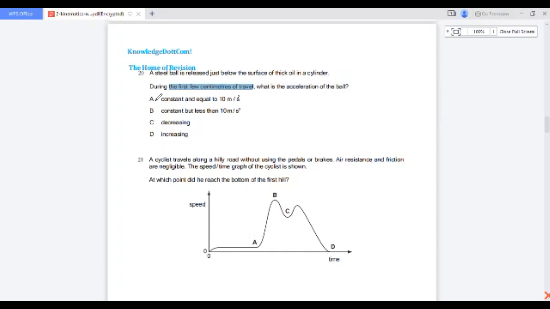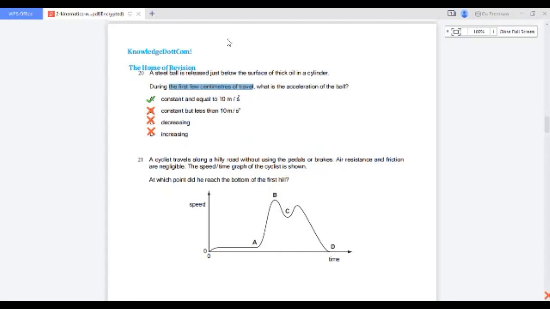It would be under the influence of gravity. So constant and equal to 10 meter per second square. With the passage of time, there would be some changes, but for the first few seconds it would be a kind of gravitational acceleration.